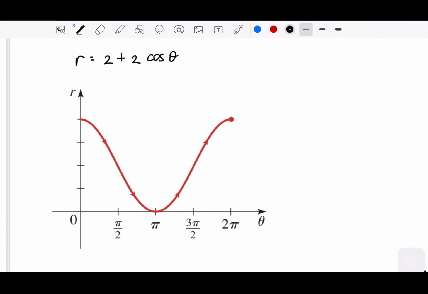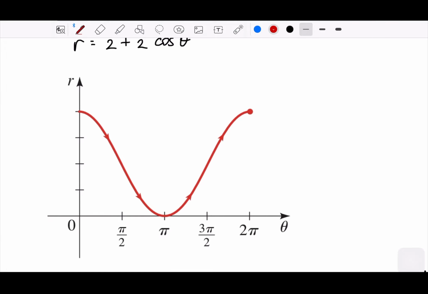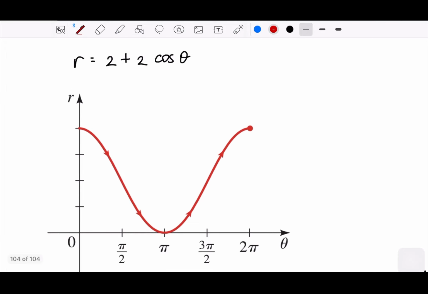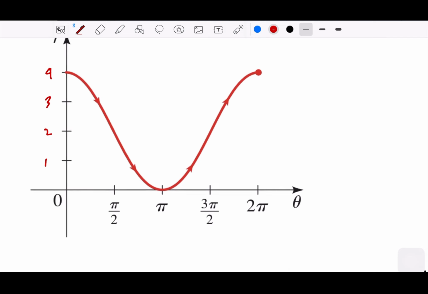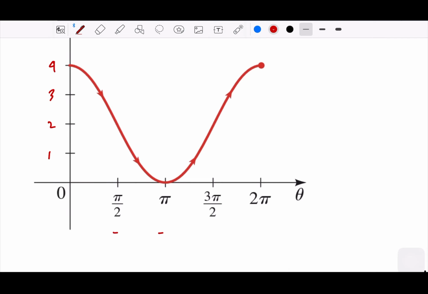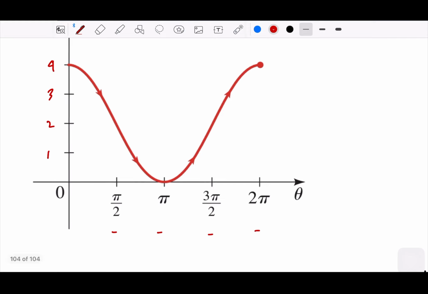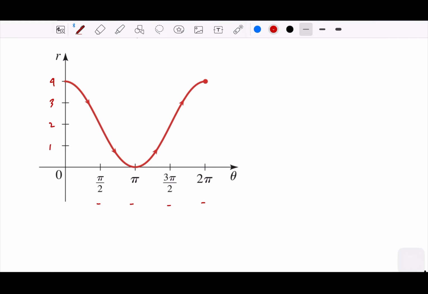We could take theta equals 0, where cos 0 is 1, so 2 plus 2, it's 4, and we could take this for all possible values of theta, the special angles. To simplify, we could take this in the polar axis, the polar grids, and then transfer all these points into our polar grids.